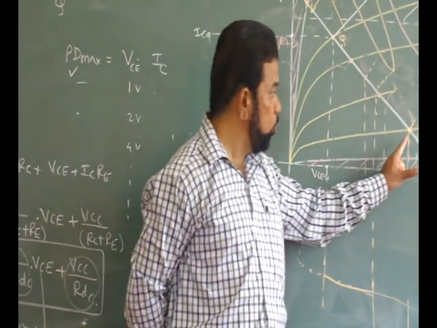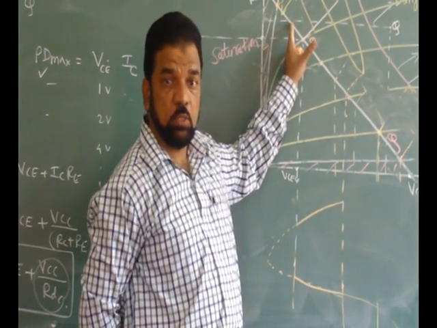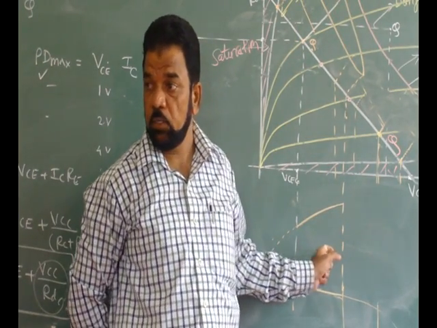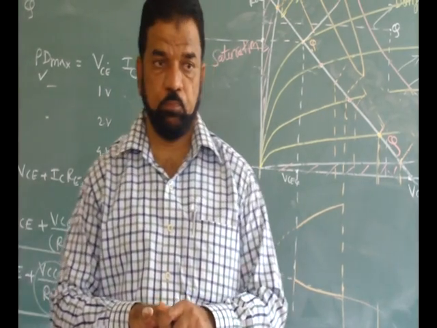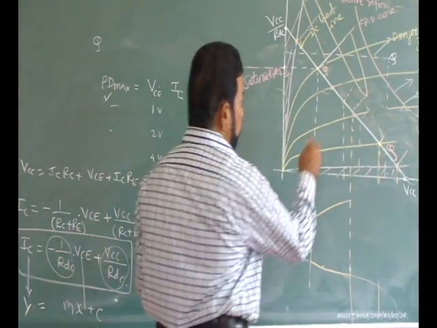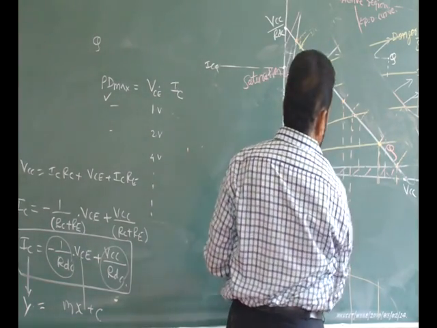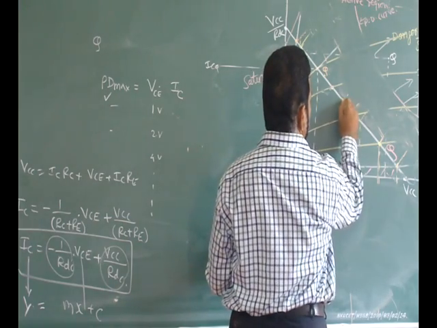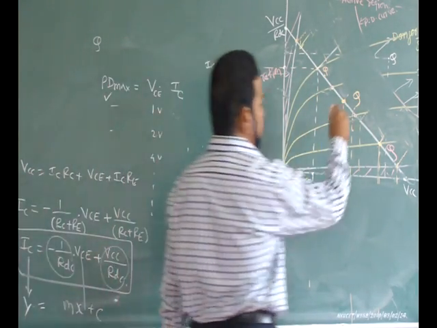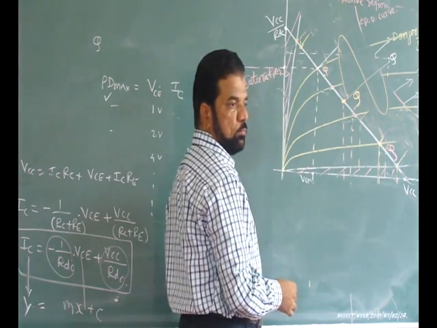That is, if your Q point is near cutoff, or if the Q point is near saturation, you are getting clipping on either side. That clipping stands for distortion. What we expect is undistorted output. That's why you fix the Q point at the middle. Suppose your Q point is here, corresponding to IB curve, and if you apply the AC signal of this value, क्या होगा?